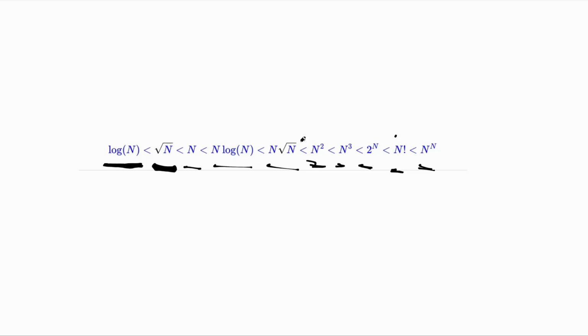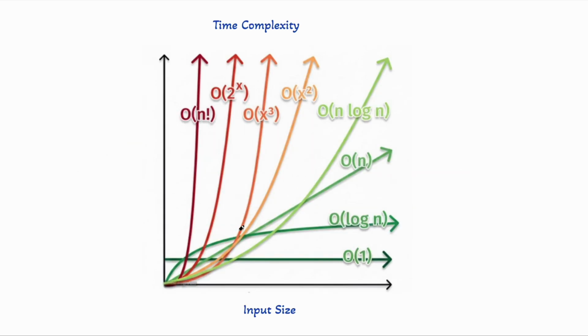We just need to have this as an idea so that when we are solving problems based on the big O notation that we got, we can compare two algorithms. And the graph looks something like this.